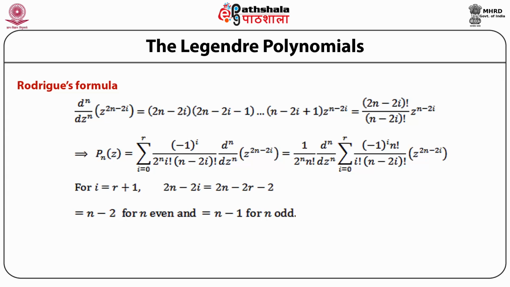So, let us evaluate the derivative which is given by the nth order derivative of z raised to power 2n minus 2i with respect to z.